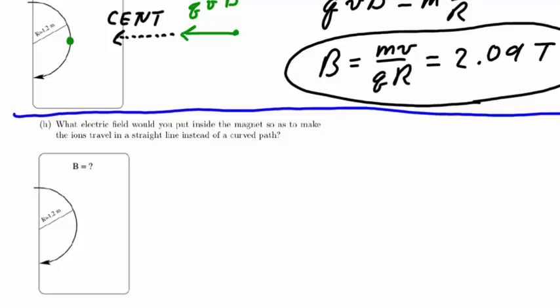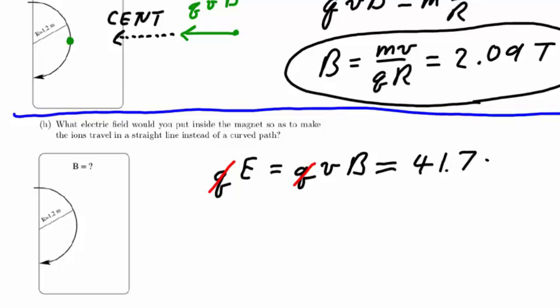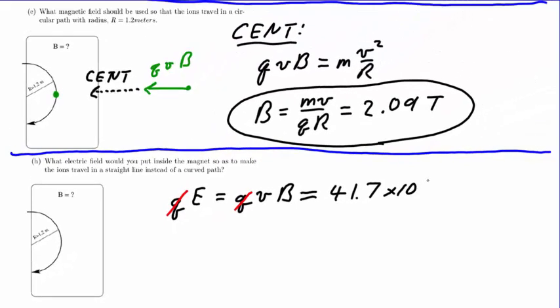In order to have a net force of 0, we can simply select an electric field so that the electric force of qE is of equal strength but opposite direction to the magnetic force of qvB. In this case, the net force on our particle would be 0, and with the net force of 0, that's when the particle would travel in a straight line. Plugging in the numbers, we find that this will require an electric field of 41.7 times 10 to the 6th volts per meter.